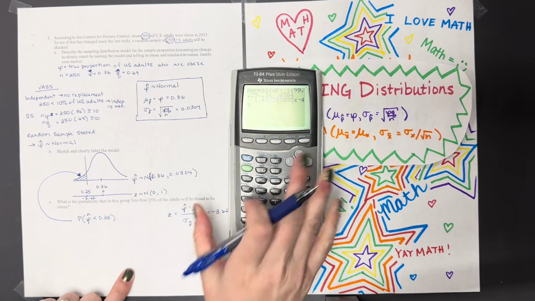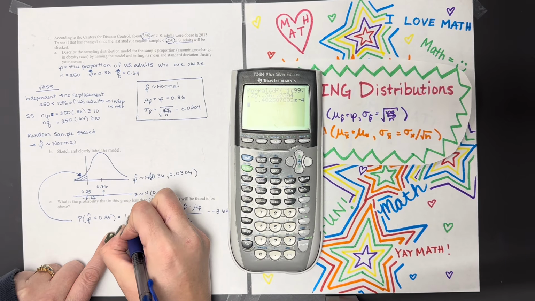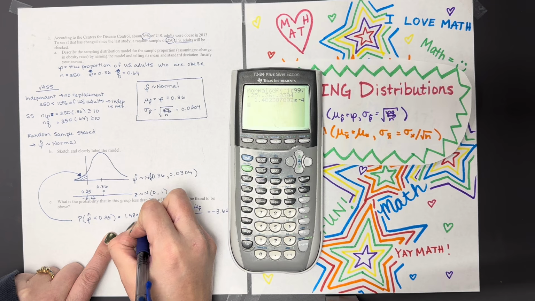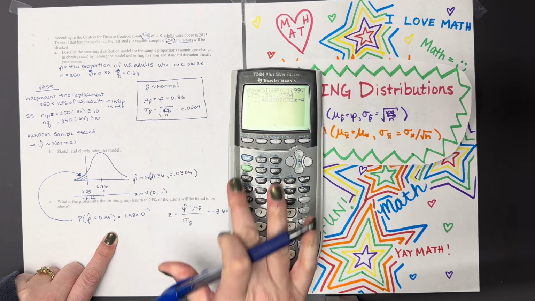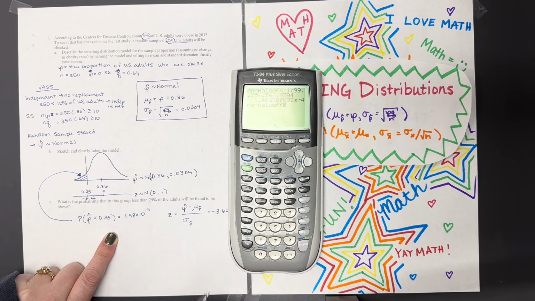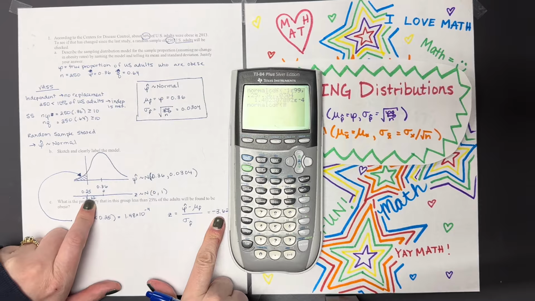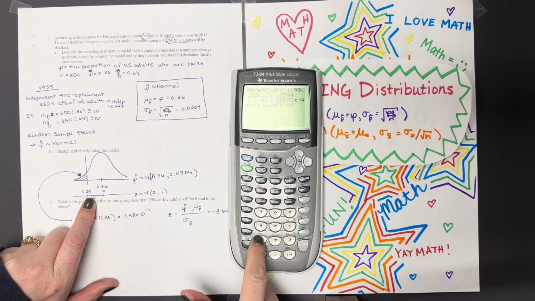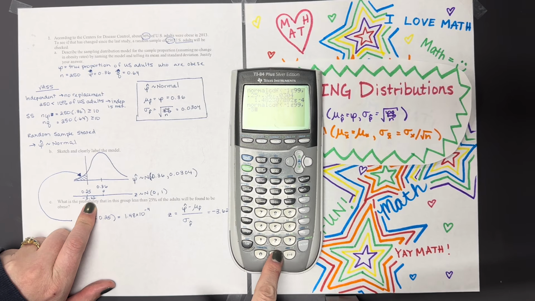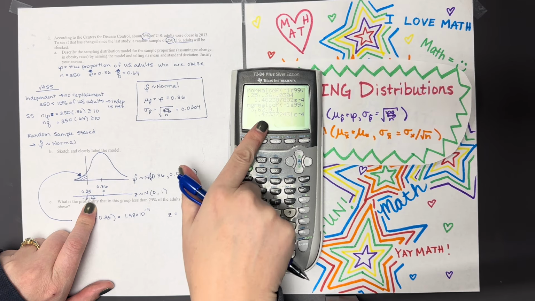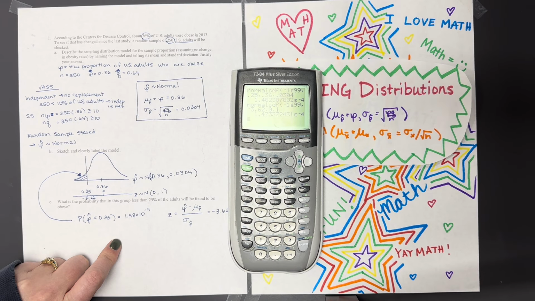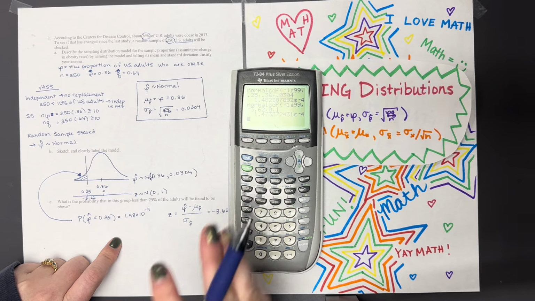It tells me that that area is 1.48 times 10 to the negative 4. If I go through that same process, but using my z value, going from negative infinity to negative 3.62, my mean is 0, and my standard deviation is 1, and I get basically the same thing. The only difference has to do with the fact that I rounded that 3.62 number.